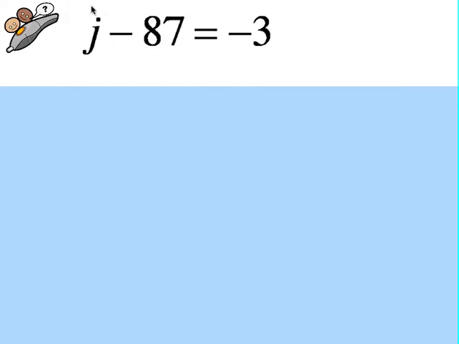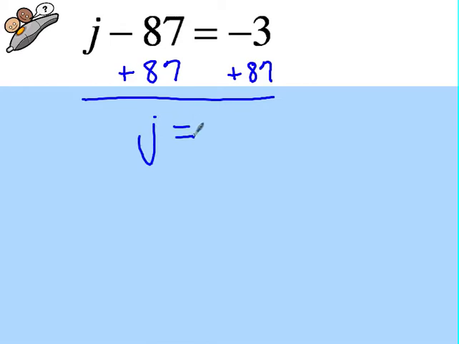So all you're doing here is adding 87 to both sides. This is something you did last chapter. So really the problem that you have is negative 3 plus 87. It's not going to be 90 because it's negative 3. It's not going to be negative 84 because the 87 is positive. What you need to do is subtract the 2 and you should get 84.